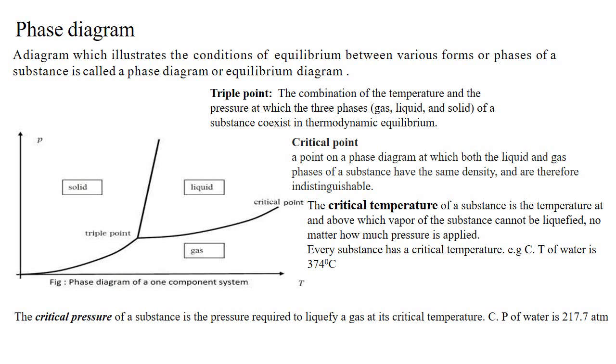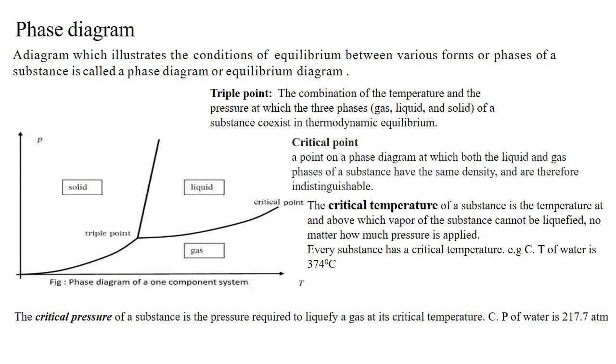Every substance, every matter has its own fixed triple point. Critical point, a point on a phase diagram at which both the liquid and gaseous phase of a substance have the same density and both phases are indistinguishable, is called a critical point.